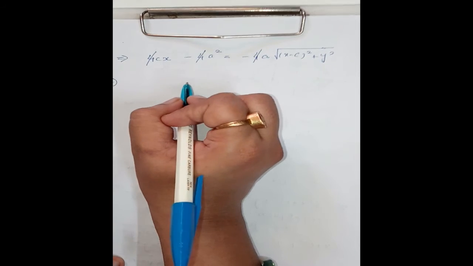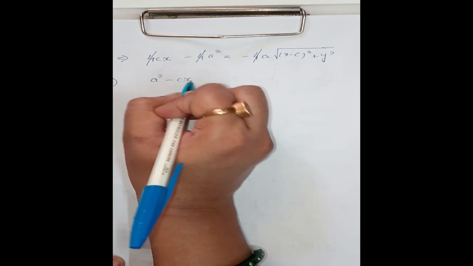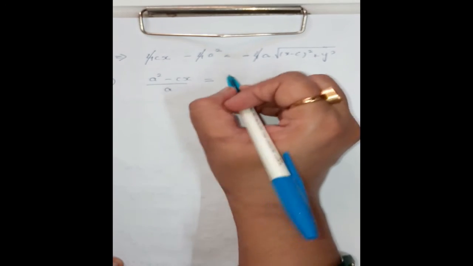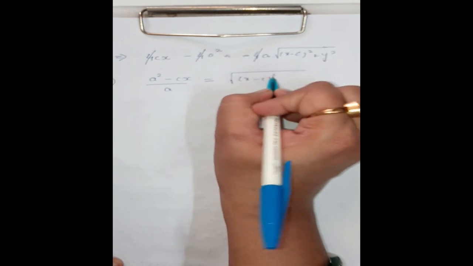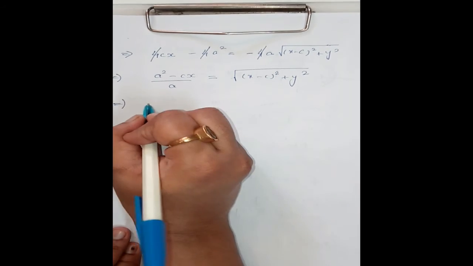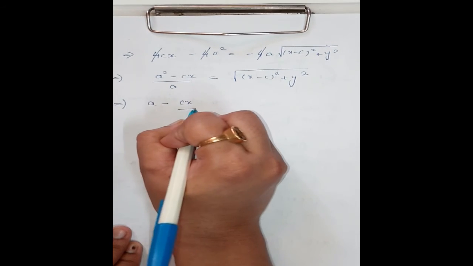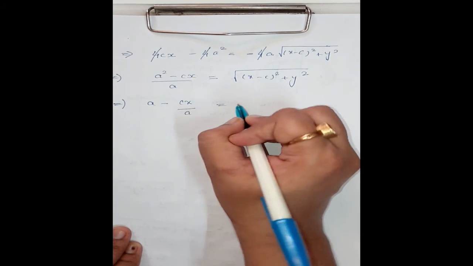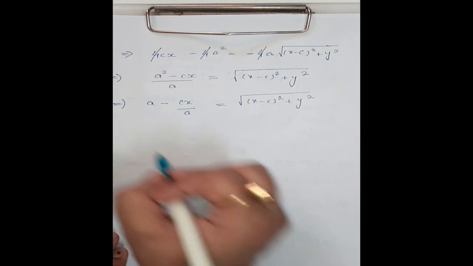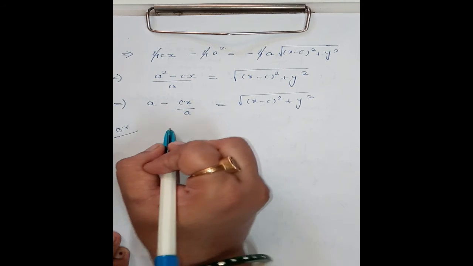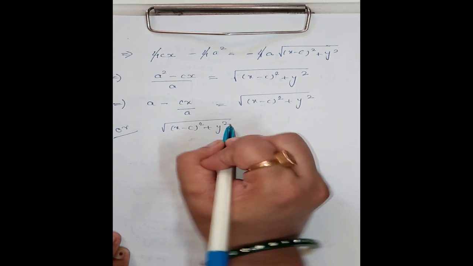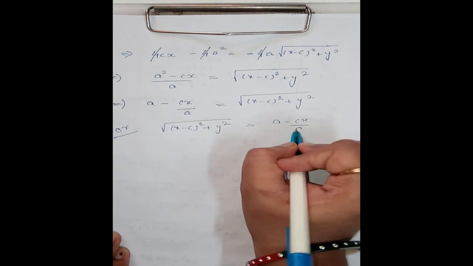So here we have (a square minus cx) divided by a is equal to, taking minus here, the square root of (x minus c) whole square plus y square. That is, a minus cx by a is equal to square root of (x minus c) whole square plus y square. Or we can also write this as under root (x minus c) square plus y square is equal to a minus cx by a.